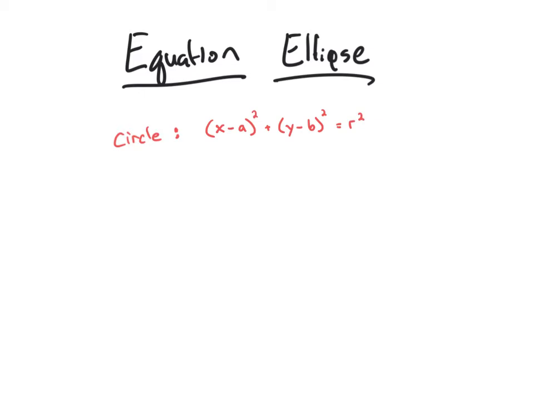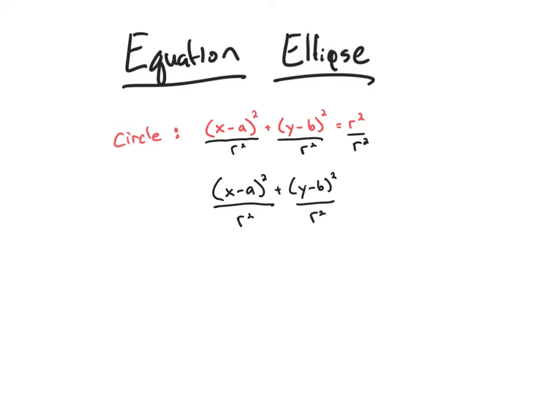Imagine if I were to divide everything by r squared. What you would end up with would be (x - a)^2 over r^2 plus (y - b)^2 over r^2 is equal to 1, right?